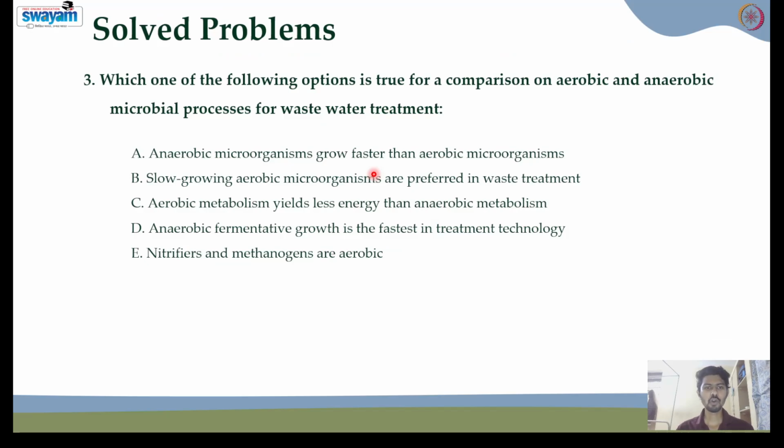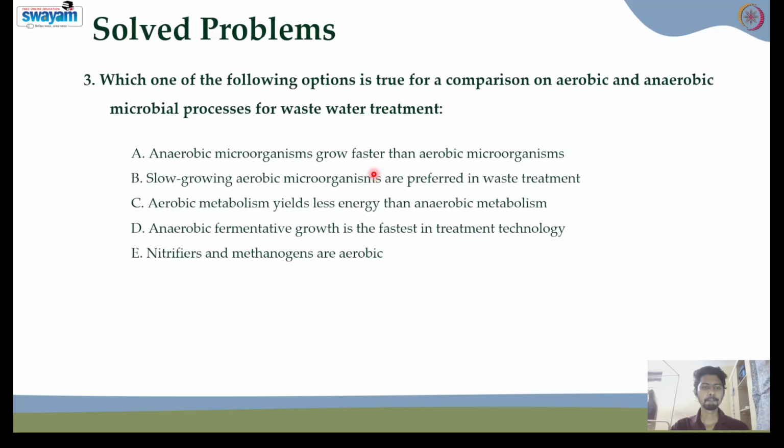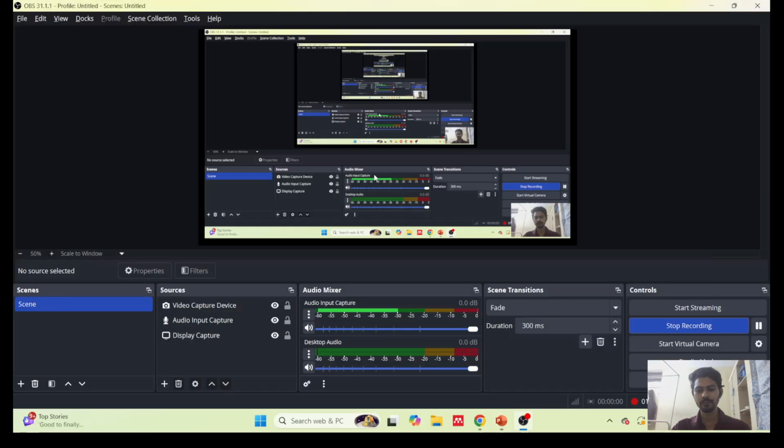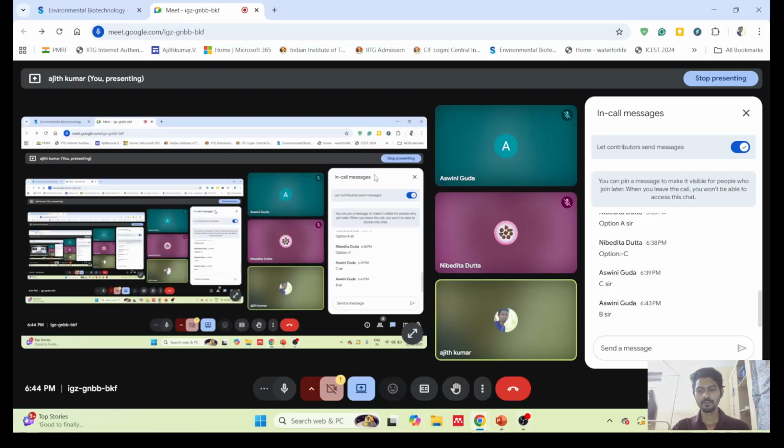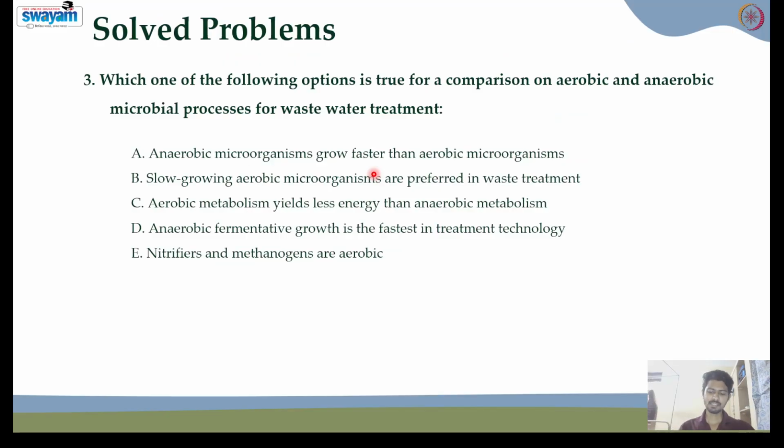Which one of these options is true for comparison of aerobic and anaerobic microbial process for wastewater treatment? Option B. Okay. Any other answer? Okay. We will see the answer.